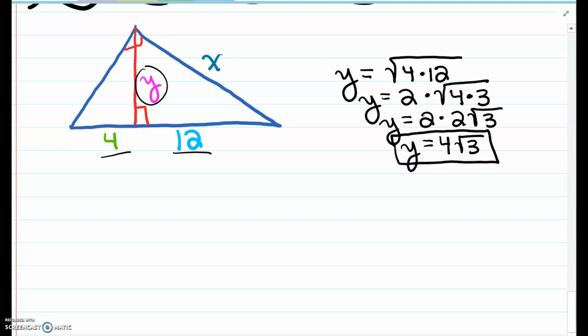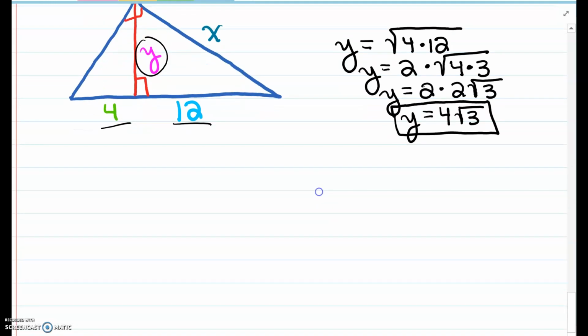We can apply the geometric leg theorem to find the length of the leg. So we add 4 and 12 to get the hypotenuse length of the big triangle, which is 16. And we plug that into the theorem. We also plug in 12 because it is the length of the adjacent hypotenuse segment. So the proportion is 16 over x equals x over 12.